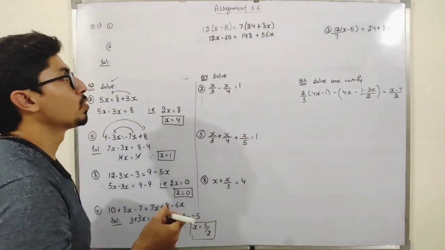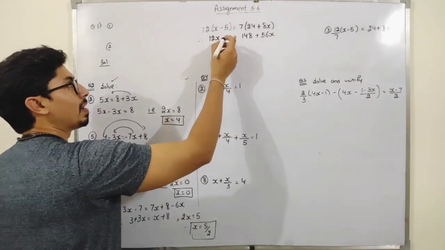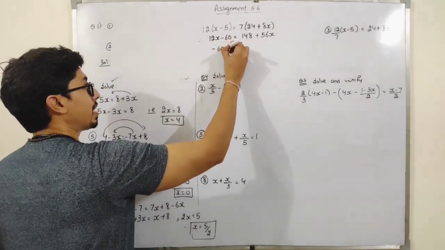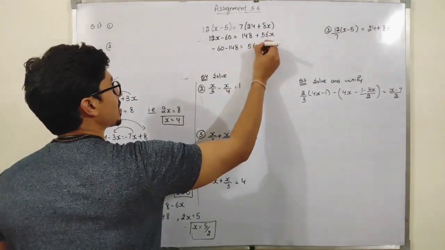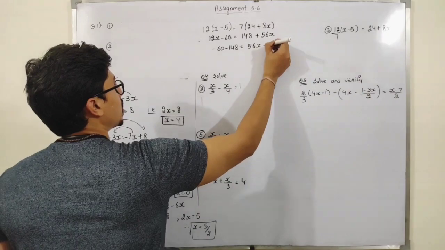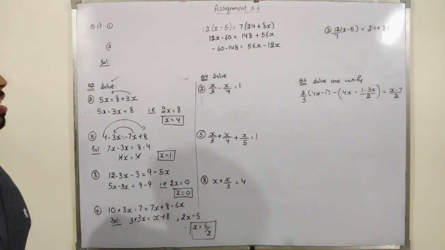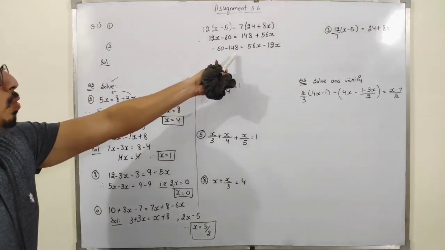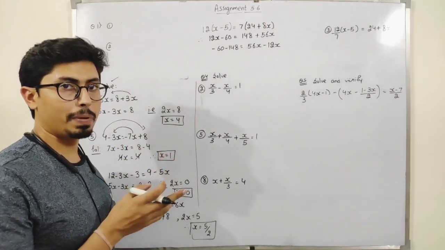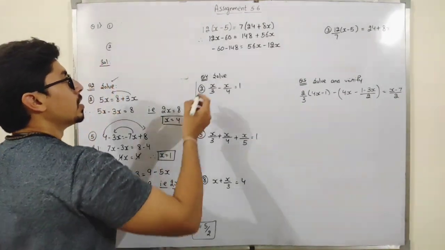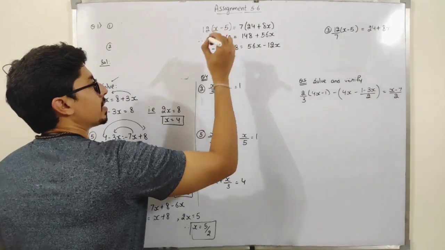Now students, see, 148 when it goes here it will be negative. So minus 60 minus 148 is equal to 56x minus 12x. I can write it like this. Now students, see, both these numbers are negative. If I just solve them, the answer will be negative and they will be added. So minus 208.